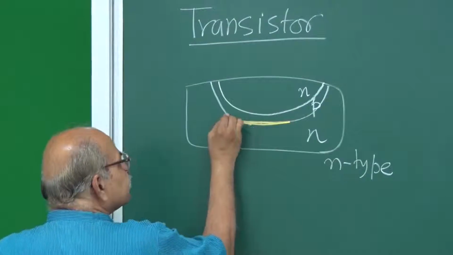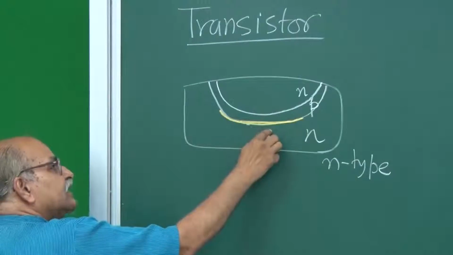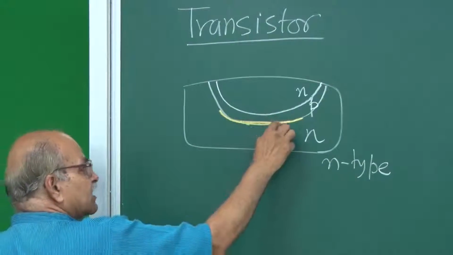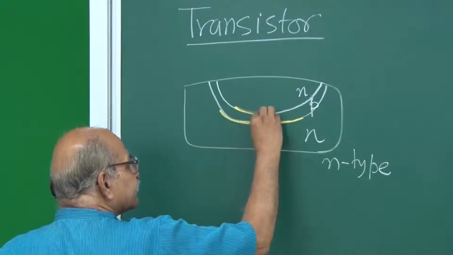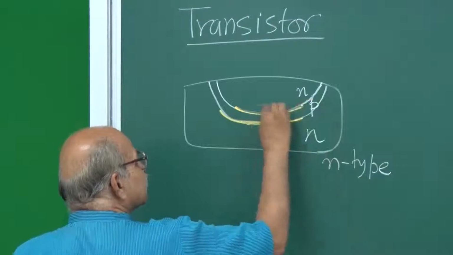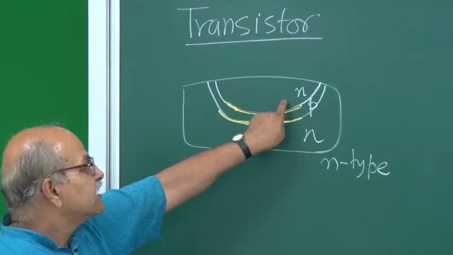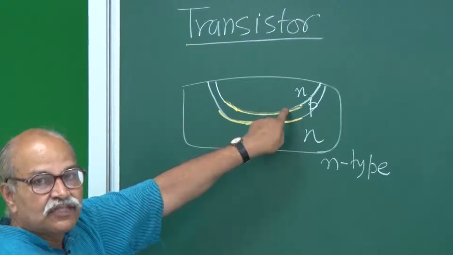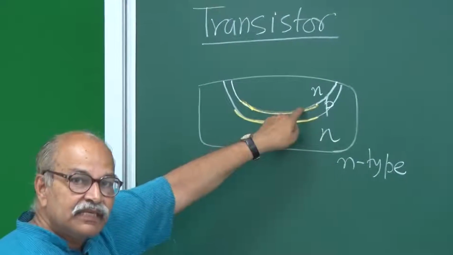You have p-type on one side and n-type on the other side, so you have a p-n junction. And then you have another p-n junction which is here. So you have a p side here, n side here, and then you have junctions. All those p-n junction characteristics will be here.